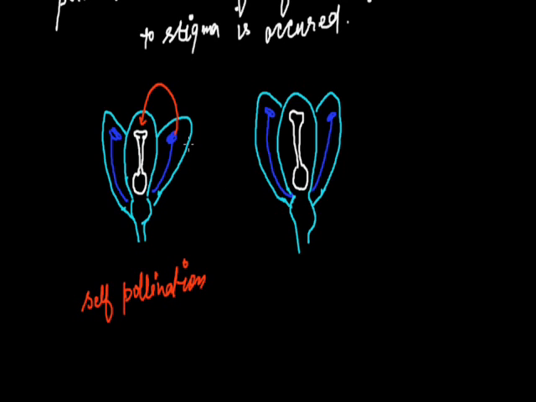But when pollen grain lands from the anther of one plant to the stigma of a different plant, it is called cross-pollination.